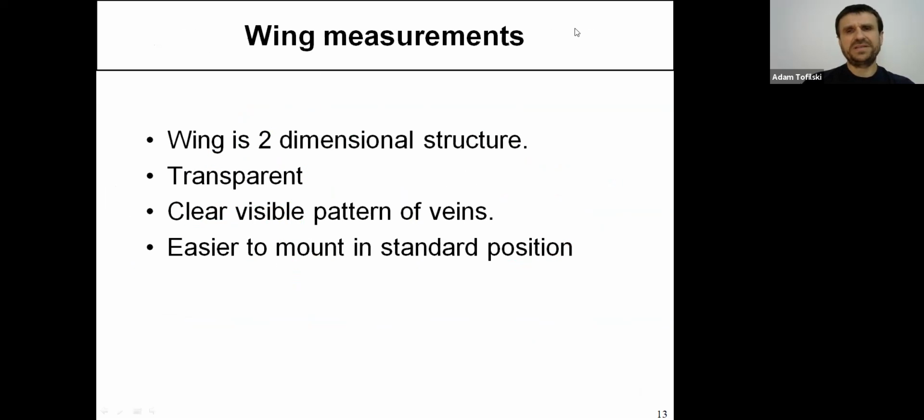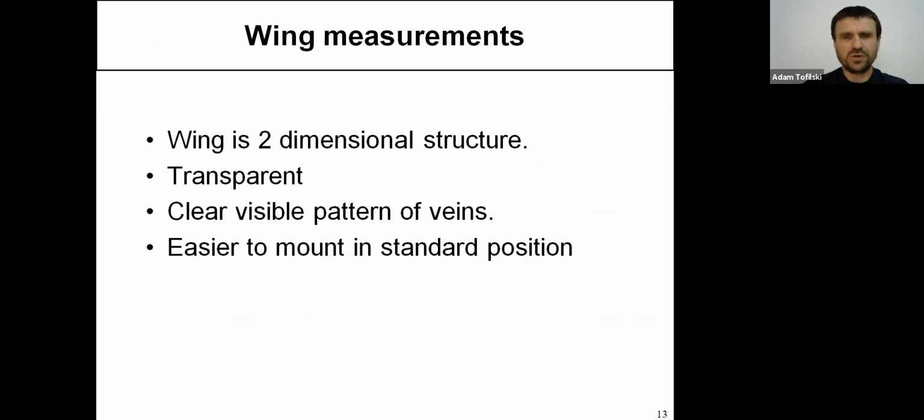So the wing measurements are good because they can be done easily and precisely. The wing is two-dimensional, unlike, for example, the head or tergites. There are also clear veins, and parts of the wings are transparent.